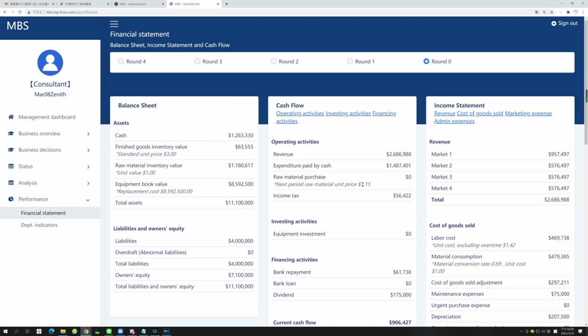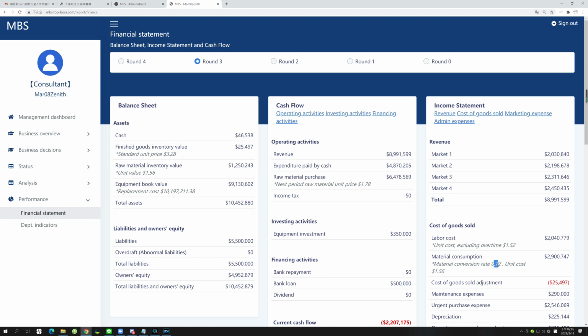The material consumption for Zenith is 0.72. That means for each unit of the product that we manufacture, we need more than 1 unit of the raw material, close to 1.5 units of the raw material in this case.